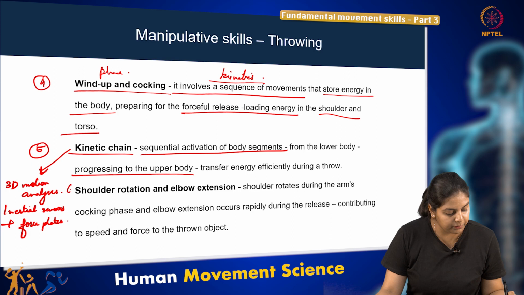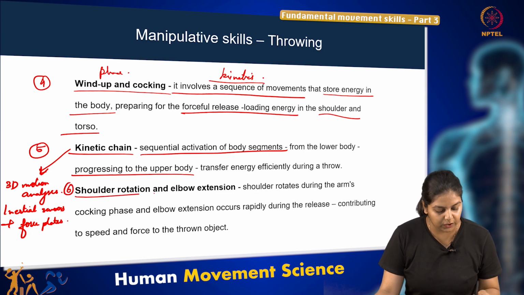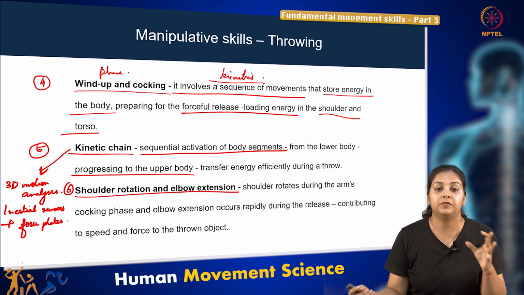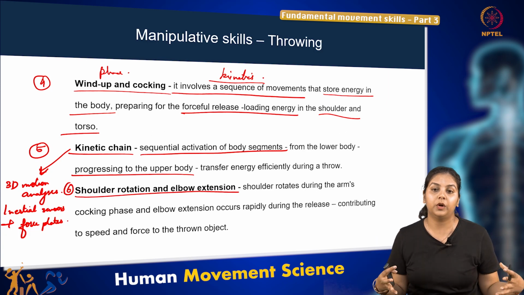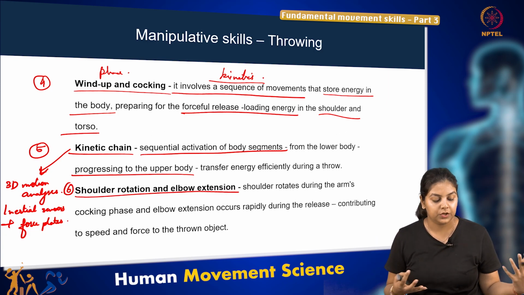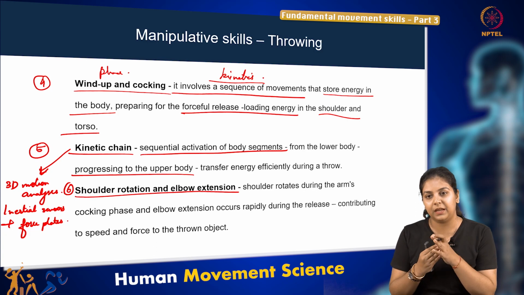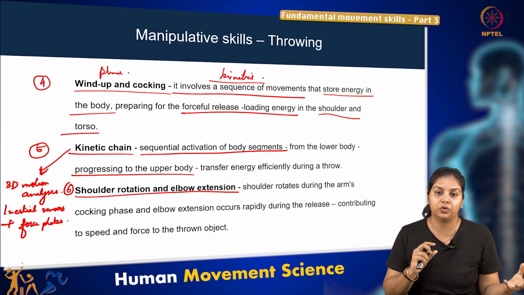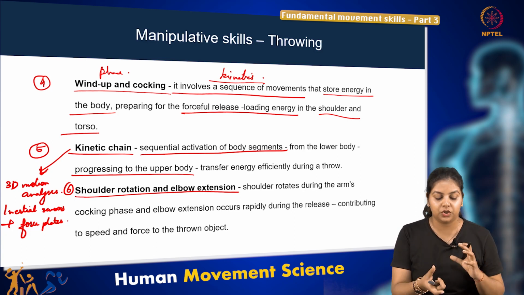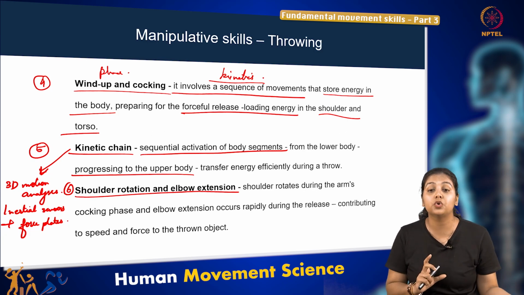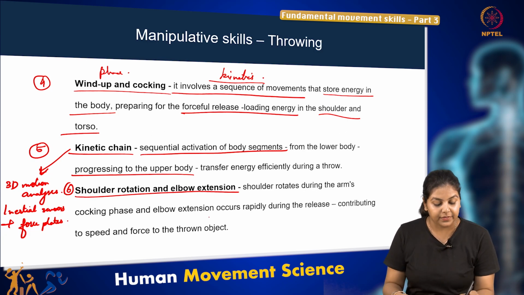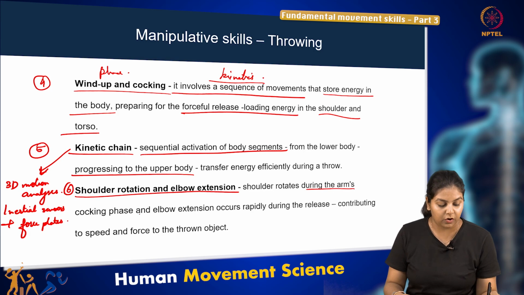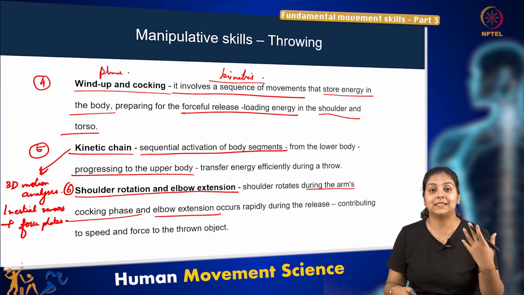Another important variable would be the shoulder rotation and elbow extension, right? So we've looked at the kinetic chain, we've looked at the lower body transfers from proximal to distal, but what is exactly happening at that end point? So from the shoulder, the transition from shoulder rotation to the elbow extension, because as the shoulder rotates during the arm cocking phase, the elbow extends, right?